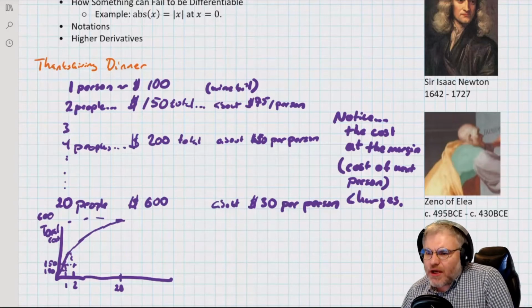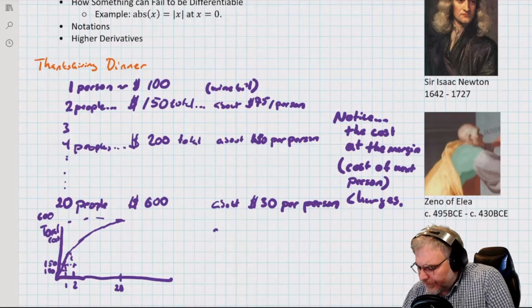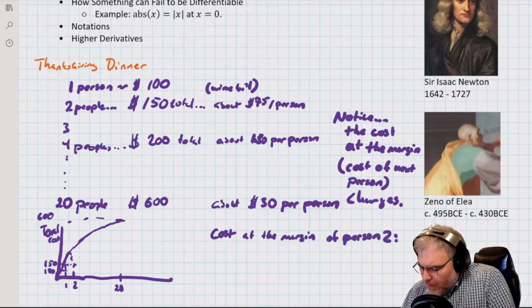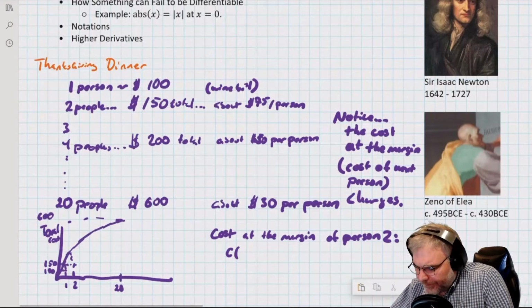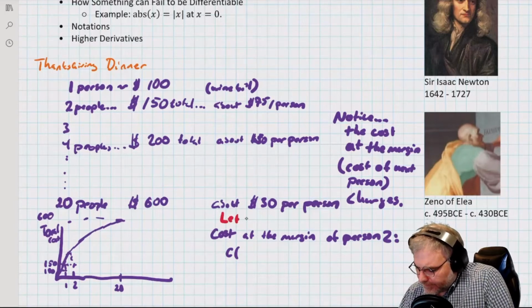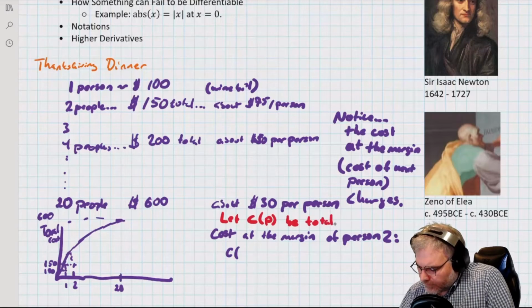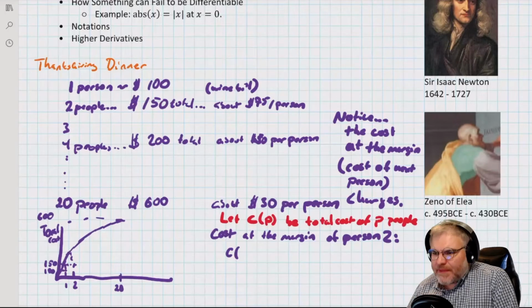So my marginal cost, my cost at the margin of adding the second person, my cost at the margin of person 2, right, is the cost C of, so let's see, C being the total cost.